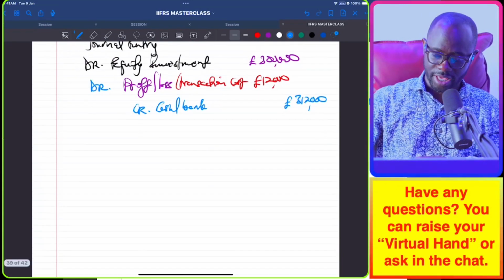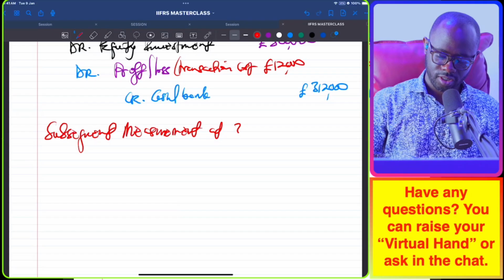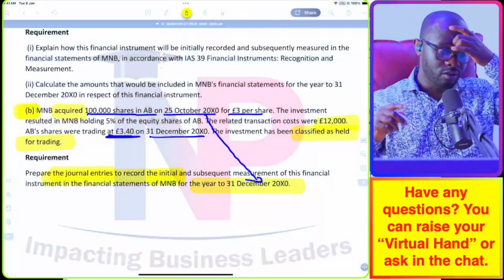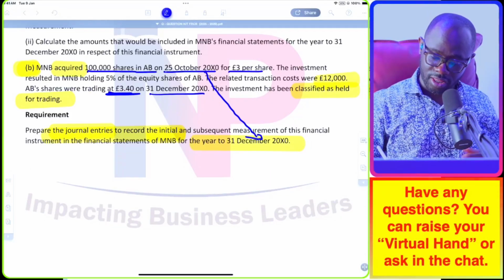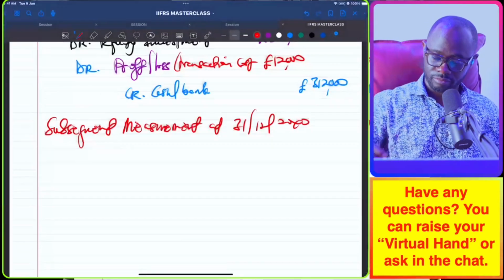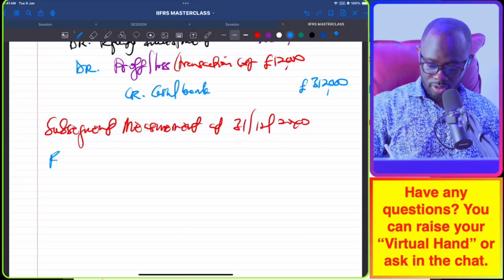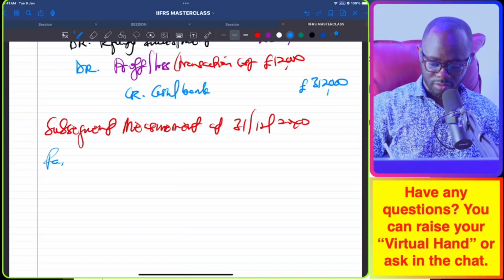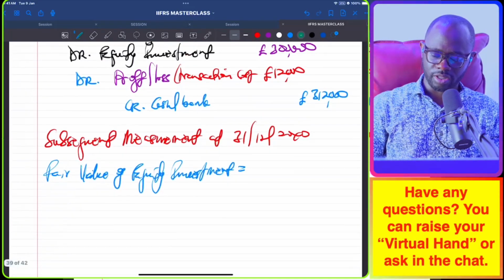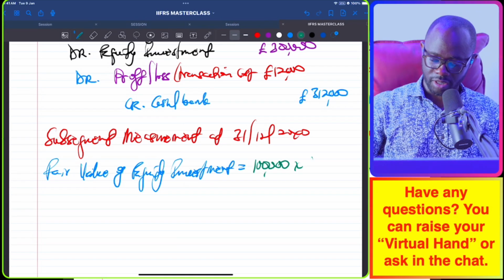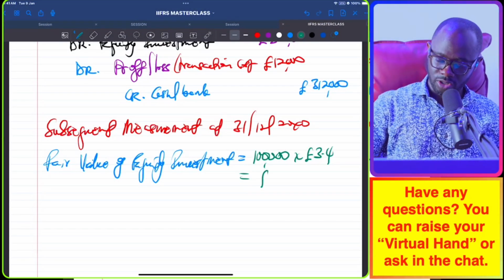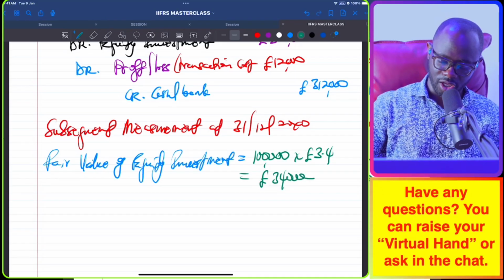Subsequent measurement at the end of the year, what happens? At 31st December 20X0, the shares are valued at 3.4. So the shares have gone up in value. The fair value of the equity investment now, we still own 100,000 shares, but this time times 3.4 pounds, is 340,000 pounds.